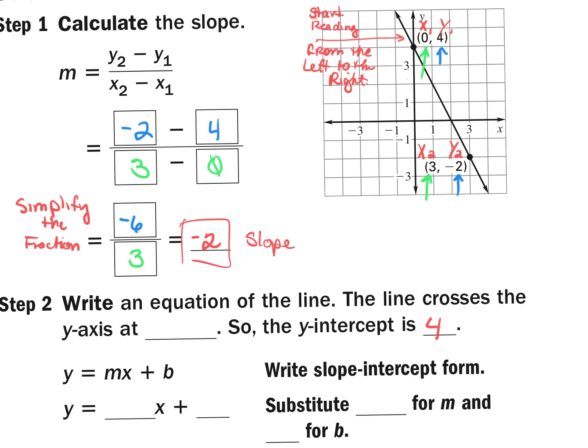Okay, so the graph crosses the y-axis right here. That is your y-intercept, because it crosses the y-axis at (0, 4). Okay, so it crosses the y-axis at (0, 4).